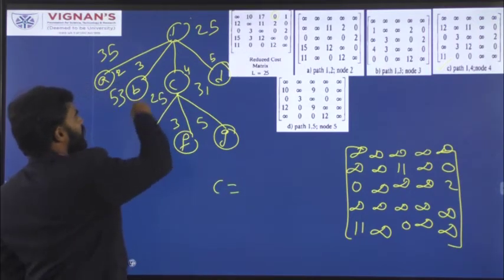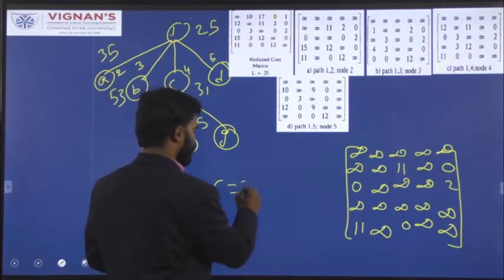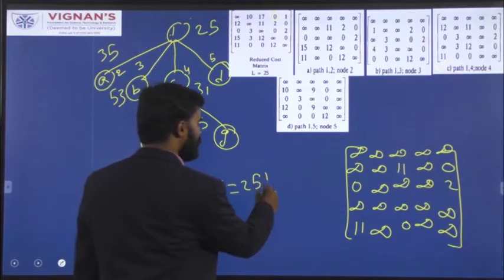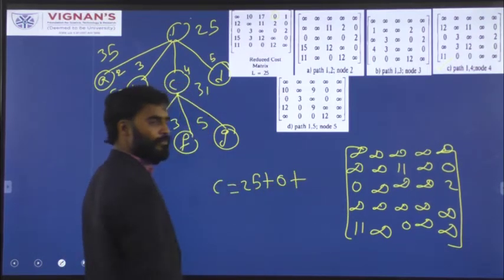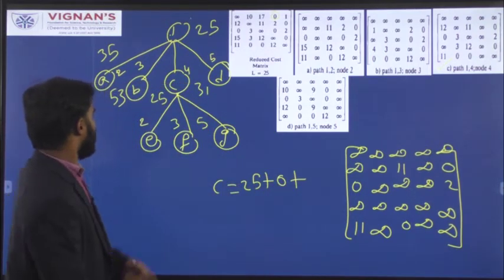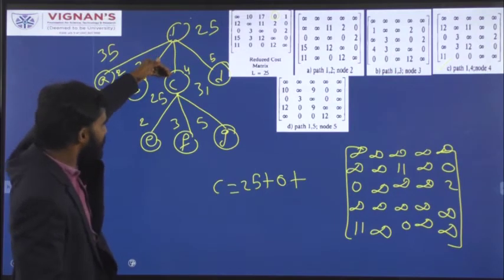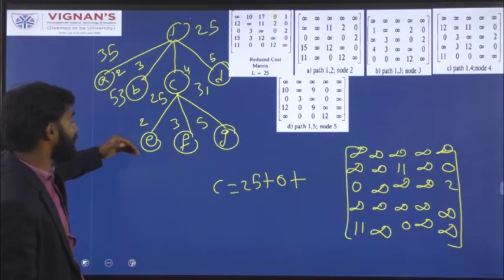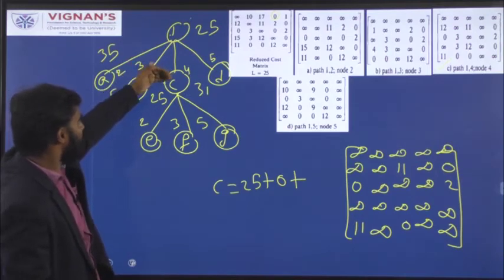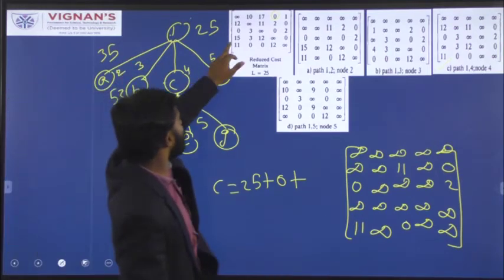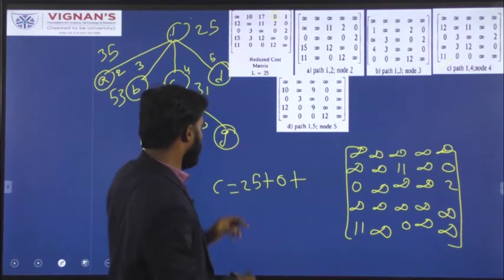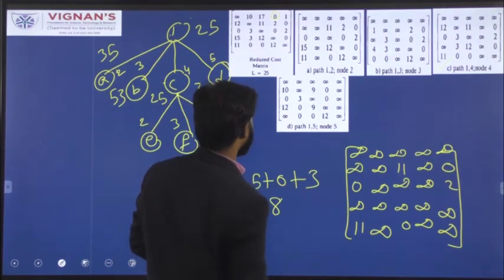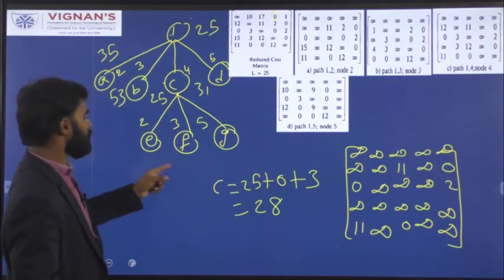The parent is C, and the cost of reduction is 0, and the distance from C to E. C is representing 4 and E is representing 2. So the distance from 4 to 2 is 3. The cost of the node is 28.